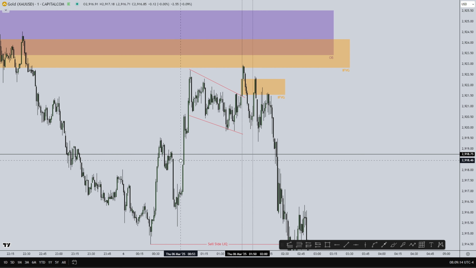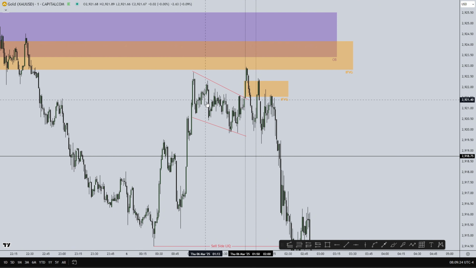Now, does this mean that the falling wedge is useless? No, it is not. It can work. But the real question is, when does the falling wedge work?